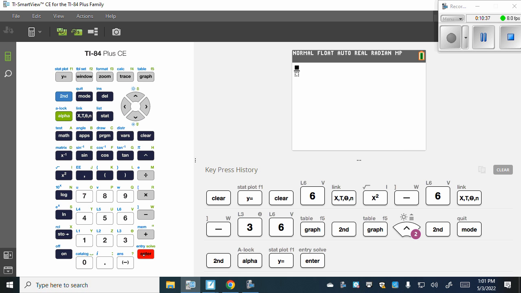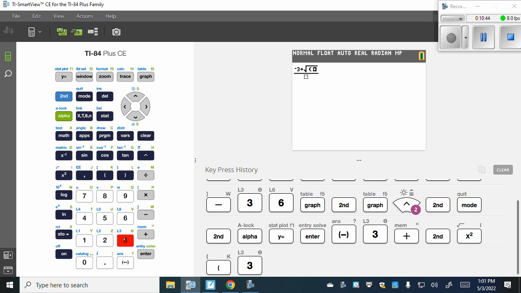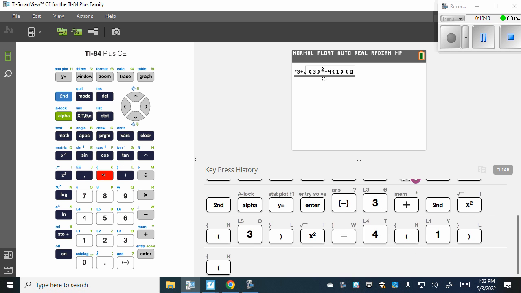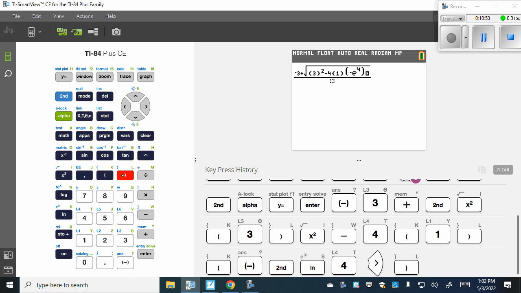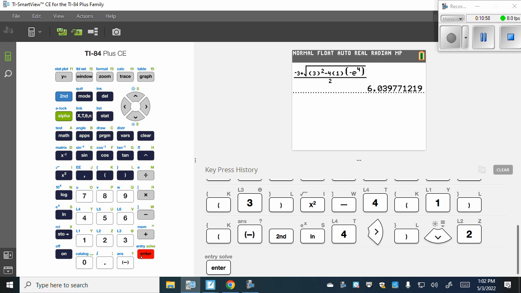What we can do is pull up the fraction and say negative 3 plus the square root of 3 squared minus 4 times 1 times negative e to the 4th, all over 2. So we can type that quadratic equation into the calculator. It'll solve it for us. We don't have to do this step by step. And if it comes out to give us an error, it doesn't work anyways. That solution does not work.